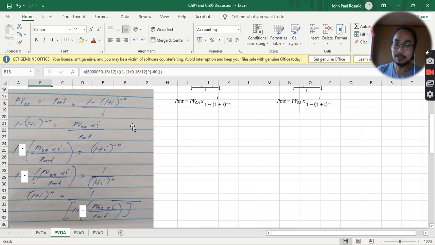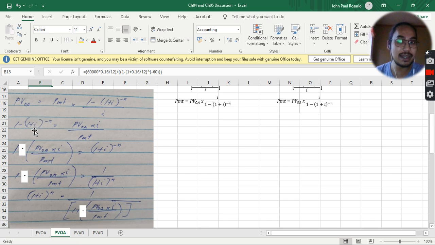And then after flipping it, we have to flip it again because our exponent is negative. To make it a positive one, we flip it from a negative exponent to 1 over 1 plus I with a positive n. So what we did here is we simply transferred PVOA times I over payment to the other side, changing it from positive to negative.